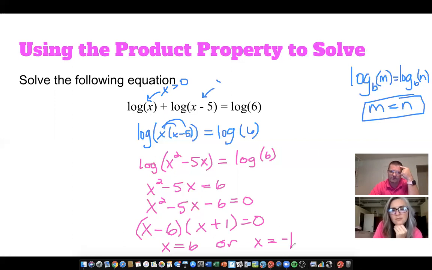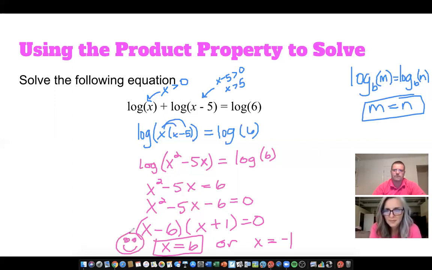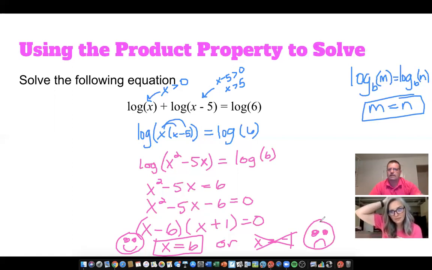Keep that in the back of your mind. If I put 6 in for x in the original equation, this one is good. This one makes me smile, right? But if I were to put -1 in there, this one would give me the logarithm of a negative number. And this is a false solution or an extraneous solution, like Ms. Young said earlier. So we had the extraneous solutions with square roots. We can get them with logarithms as well.